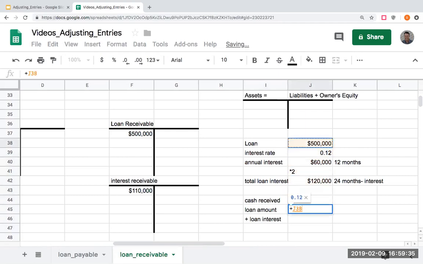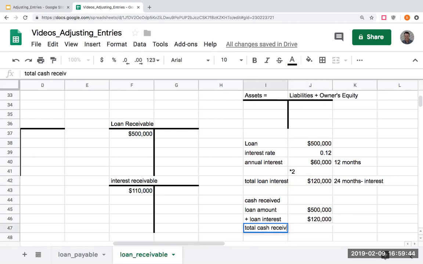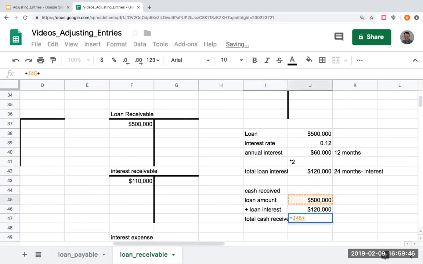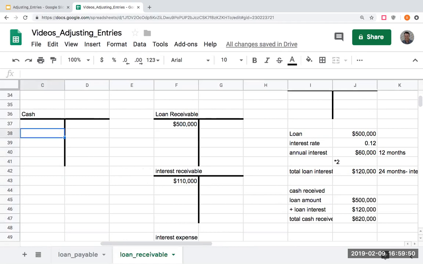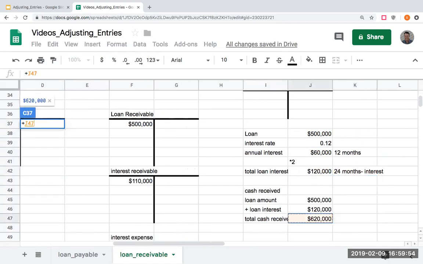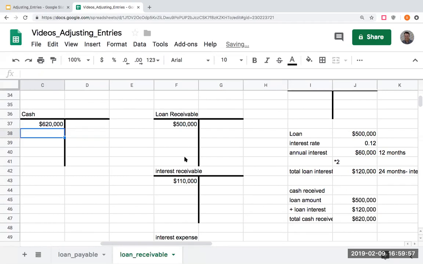My loan amount here is $500,000. My loan interest is $120,000. So my total cash received is going to be $620,000. So I'm getting cash of $620,000.